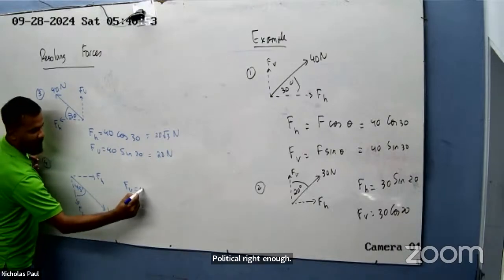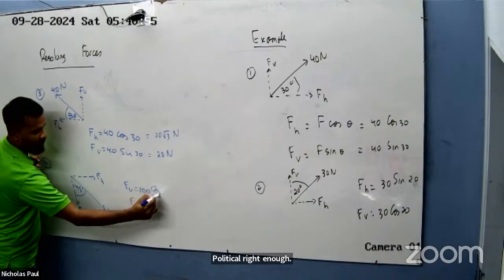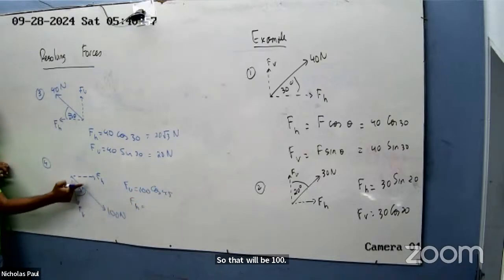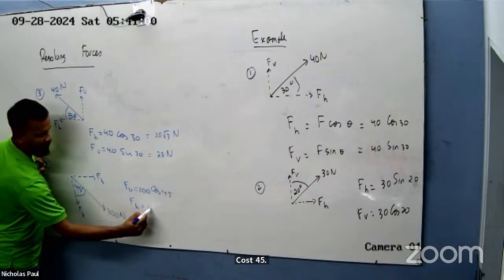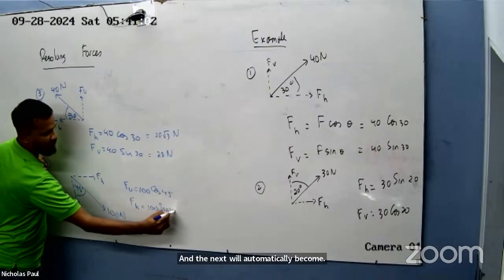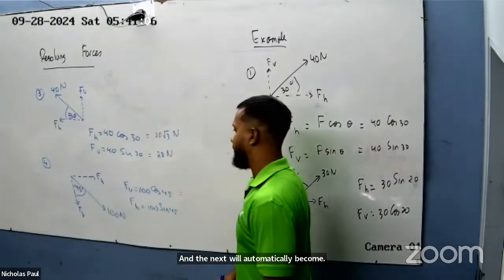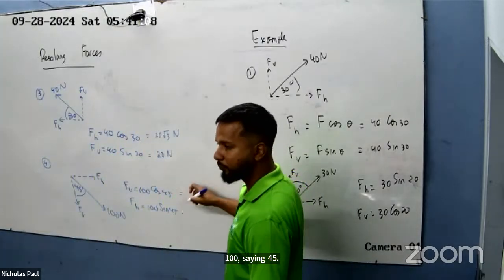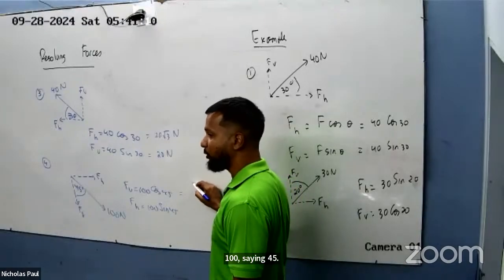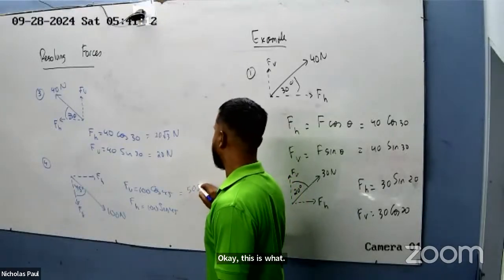So that will be 100 cos 45. And the next will automatically become 100 sine 45. This is what? It should be the same, right?